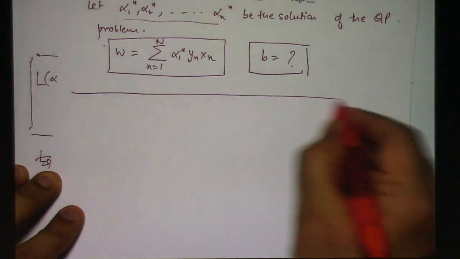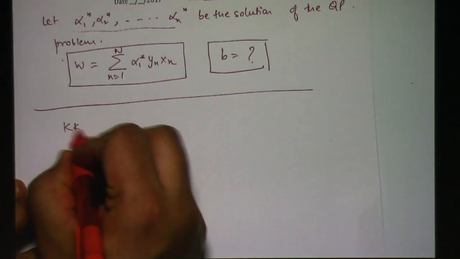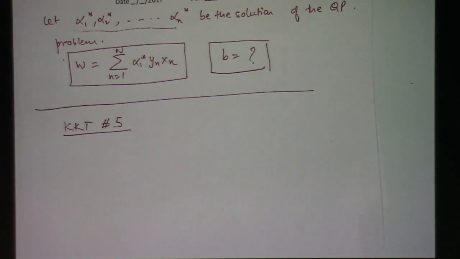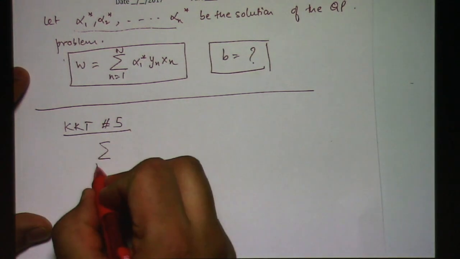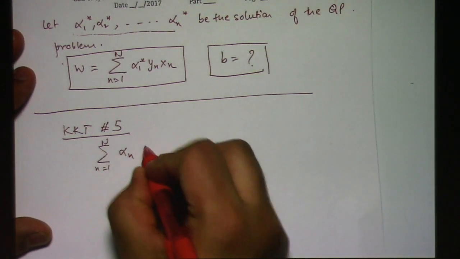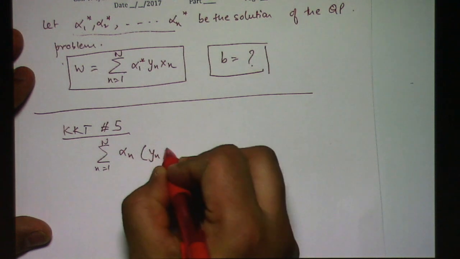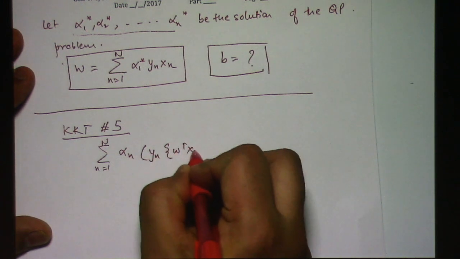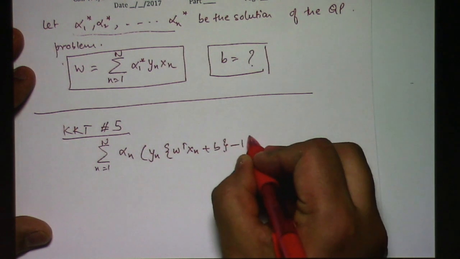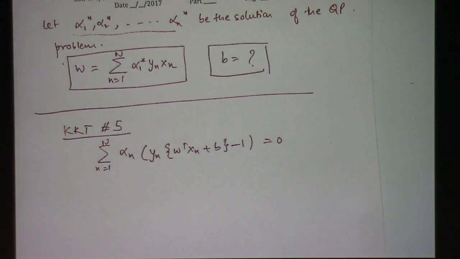So KKT condition number 5 tells us that the summation over n equal to 1 through N of alpha n times yn times (w transpose xn plus b minus 1) — this is the constraint, right? The inequality constraint, which puts it away from the margin. This should be satisfied, right?